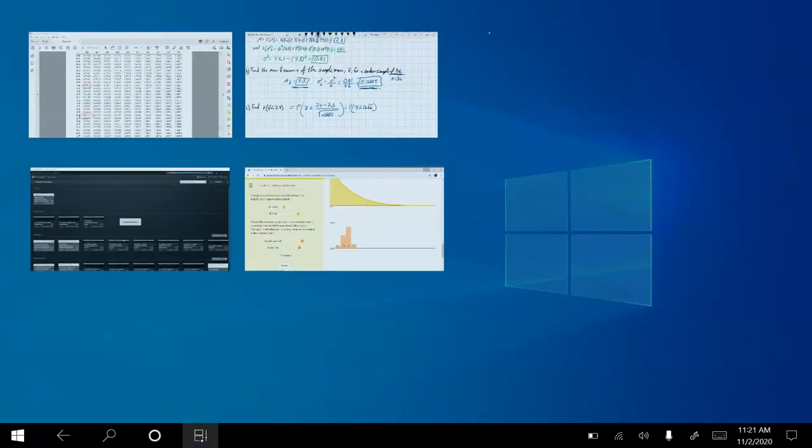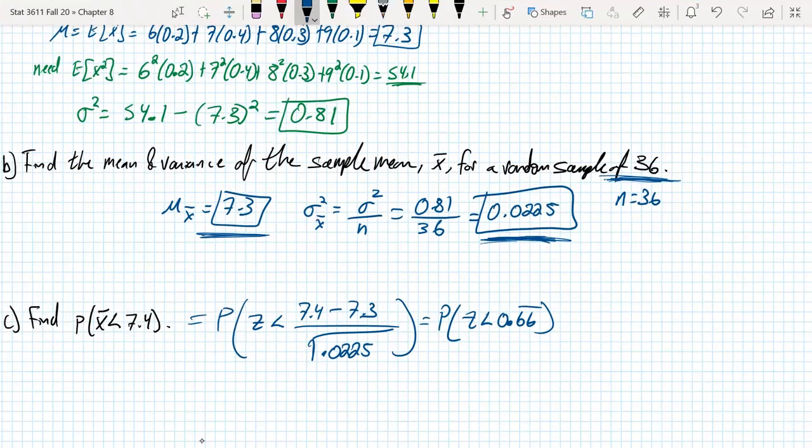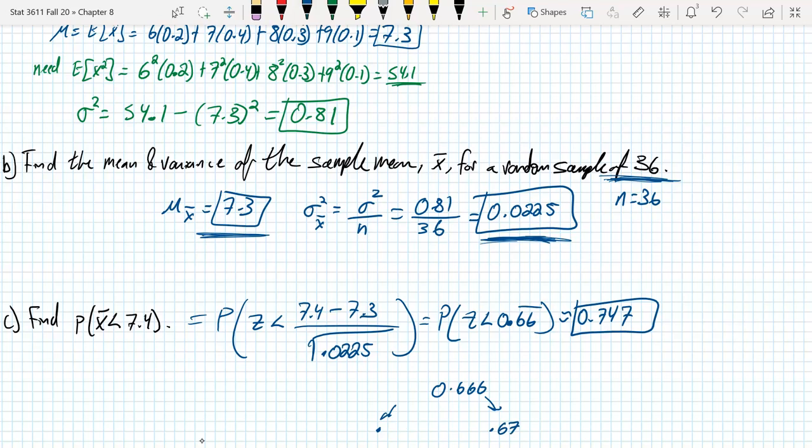I'm going to go ahead and report that. So this is approximately equal to 0.747, and I'll report it like that, right? Because 0.666 is almost halfway between 0.66 and 0.67. So taking the average of those values is relatively reasonable as well. Or either one's just fine, okay? But we're looking at about 74% or about 75%, more or less.